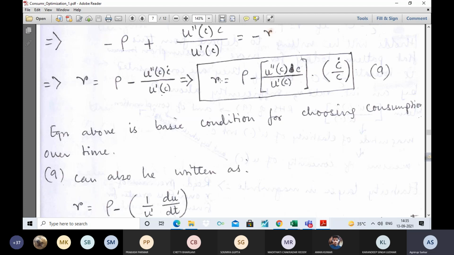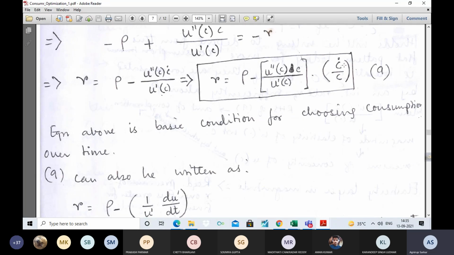So the far right hand side of the equation can be viewed as the rate of return to consumption. This is the far right hand side, which is actually the rate of return to consumption.